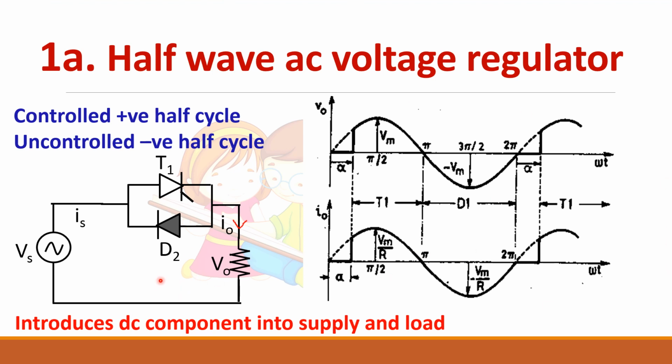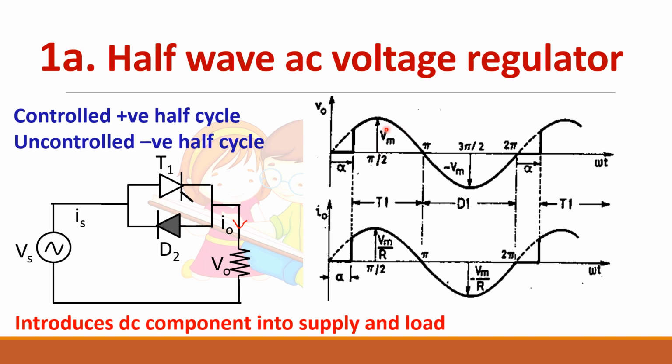But the problem with this circuit is seen in the output voltage waveform. From 0 to alpha there is no output, whereas in the negative half cycle you get a complete output. So the waveform does not satisfy symmetry. When there is no symmetry in the waveform, you get more harmonic components.